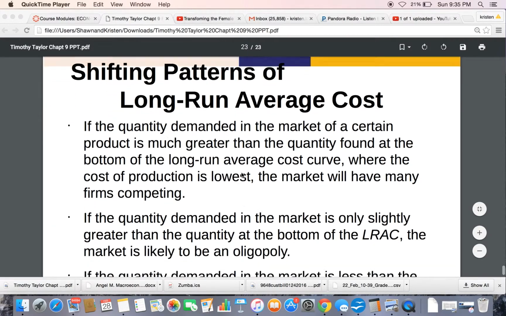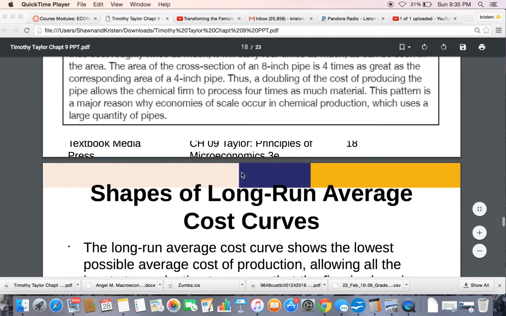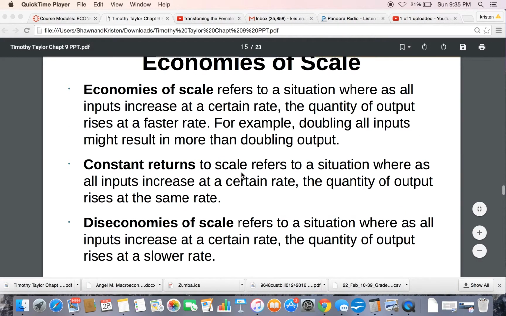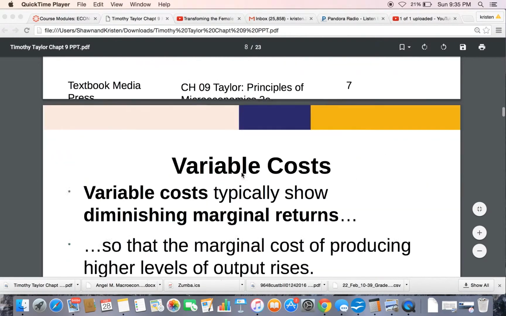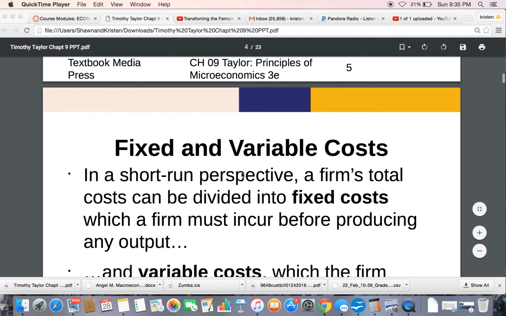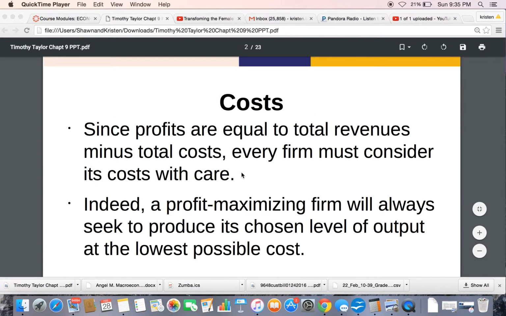So in conclusion, I would say make sure you understand the difference between the short run and the long run. The short run being the time period in which you must hold some costs or inputs fixed. And when you hold those costs or inputs fixed, you can have diminishing returns to your product, which causes increasing marginal costs.